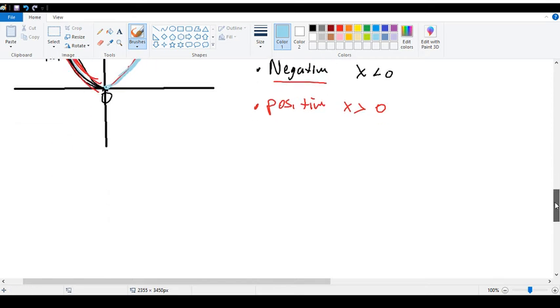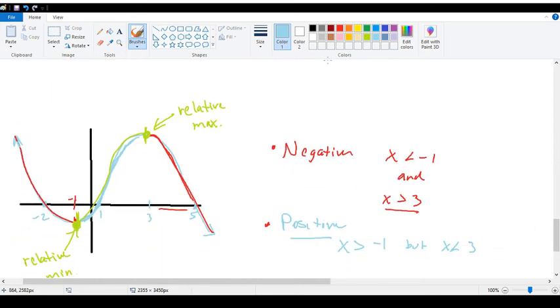All right, same with this graph below. The red, it's decreasing, it's going down in 2 areas, and it's increasing in this section. So I should say decreasing instead, and I should say increasing instead of positive.